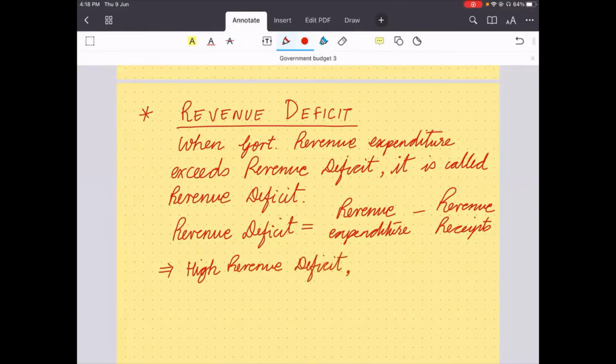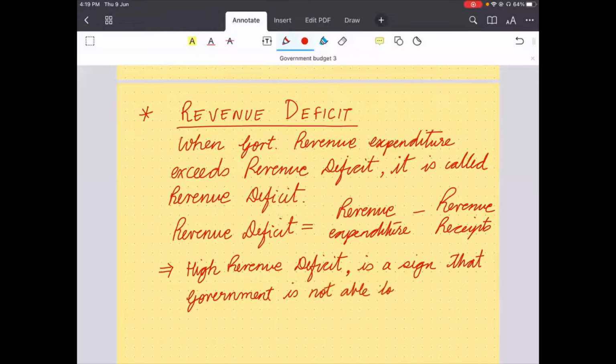the occurrence of a high revenue deficit is a sign that government is not able to meet its consumption requirements.